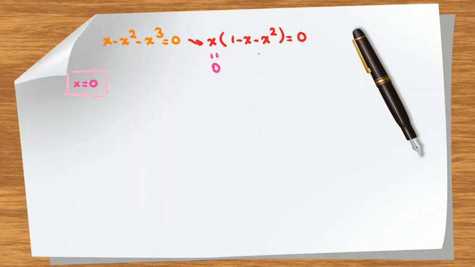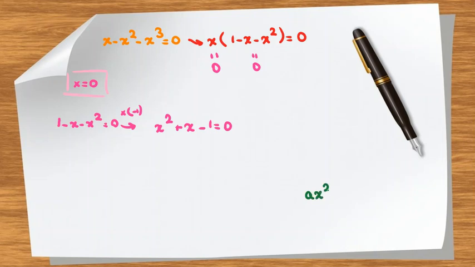Now let's see if the second part is 0. So 1 minus x minus x squared equals 0. We can multiply by negative 1 and rearrange it: x squared plus x minus 1 equals 0. Now for solving this, we should use the quadratic formula.